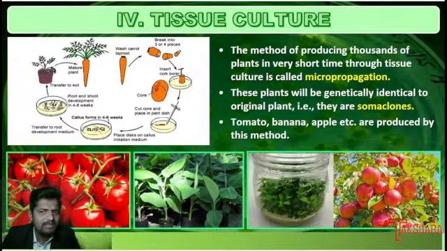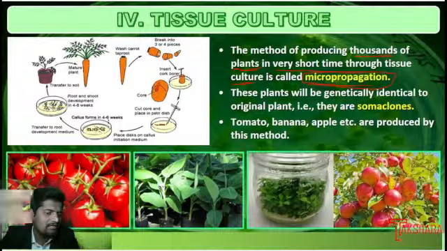If you take a very short period of time, the yield will be a maximum number. The method of producing thousands of plants, many thousands of plants in a very short time through the help of tissue culture, that we call micro propagation. ಒಂದು ಟೆಕ್ನಿಕ್ ಏನಂತ ಕರಿತೀವಪ್ಪ ಅಂದ್ರೆ ನಾವು ಮೈಕ್ರೋ ಪ್ರೊಪಗೇಷನ್ ಅಂತ ಕರಿತೀವಿ.